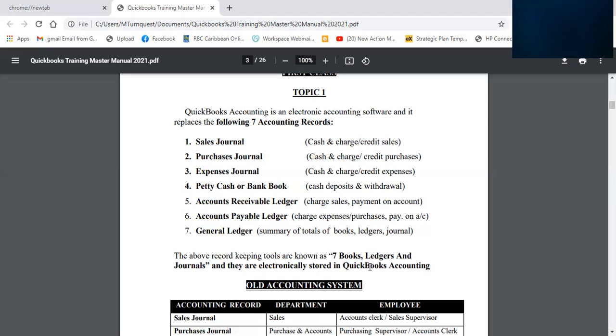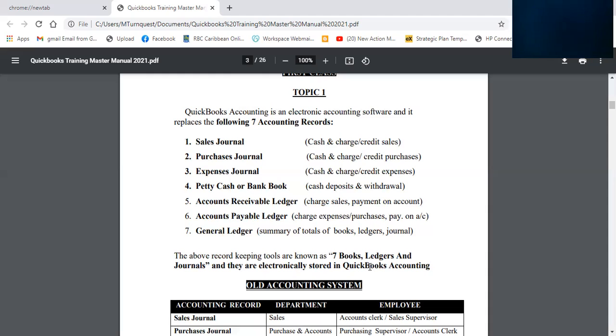And finally, number 7 of the accounting records is the general ledger. In the general ledger, you summarize the totals of all books and ledgers. So that means in the old days, the CPA used to collect everybody's information and put it in a general ledger, and then produce the accounting records, like the financial statement, the balance sheet, and cash flow.